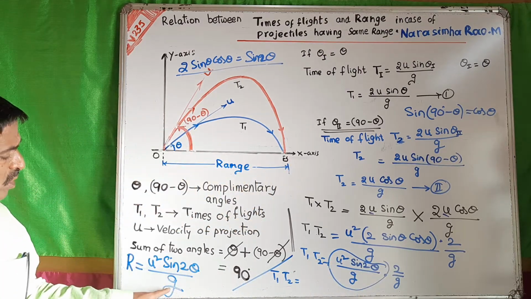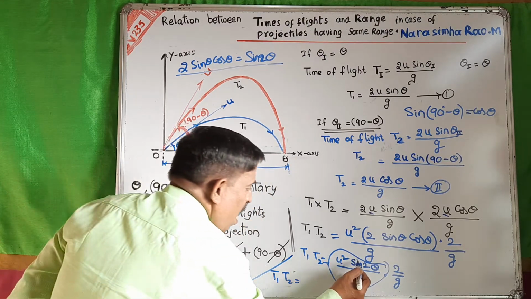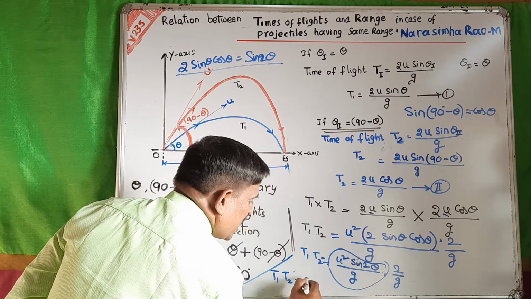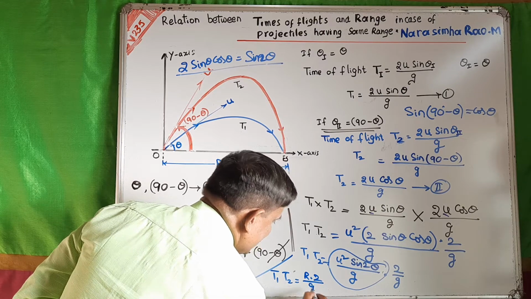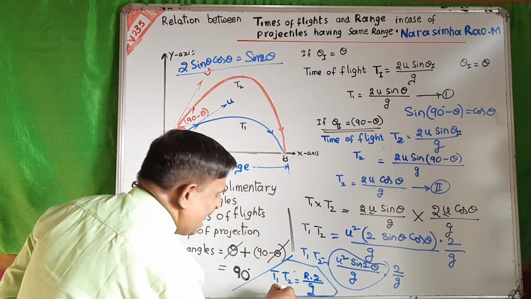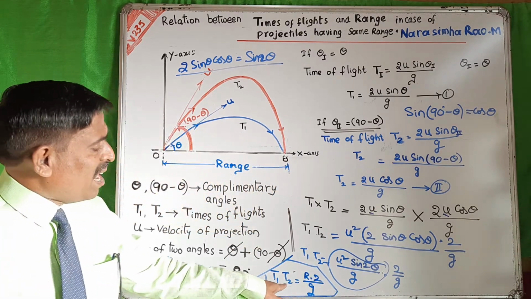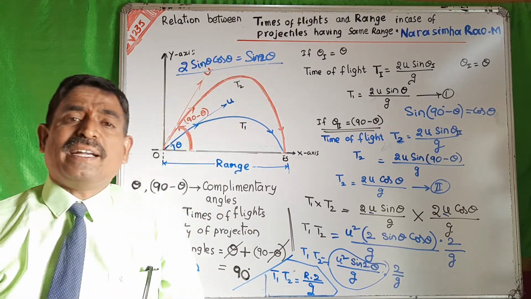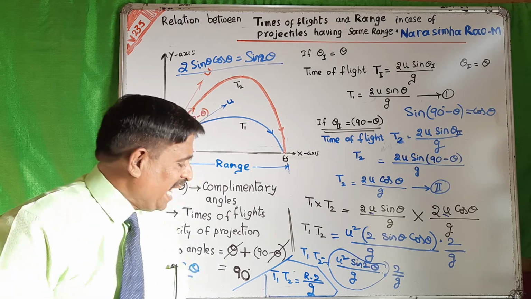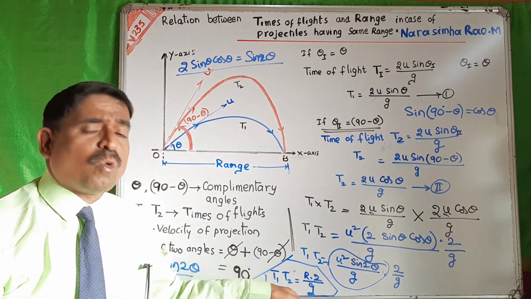U square sin 2 theta by g means R. It is the relation between T1 and T2: T1 into T2 is equal to 2R by g in the case of complementary angles.